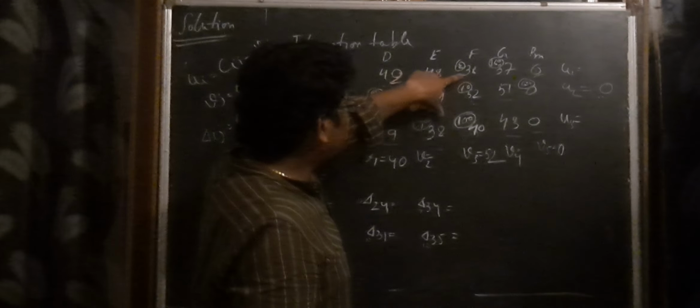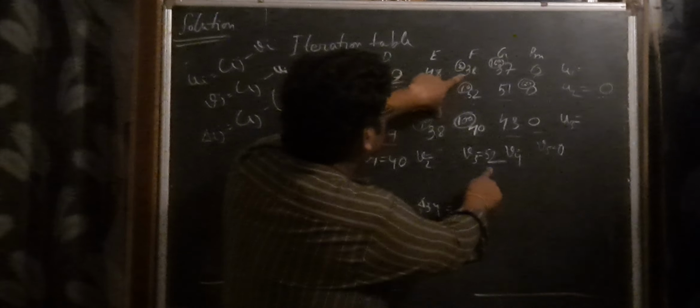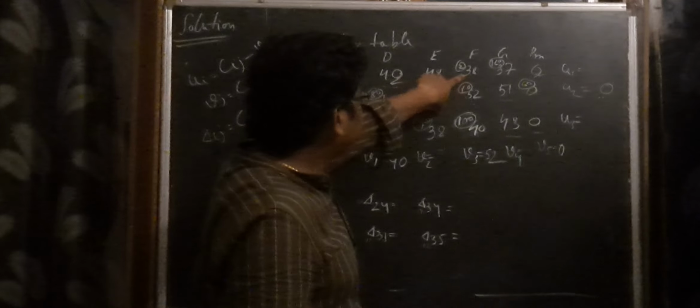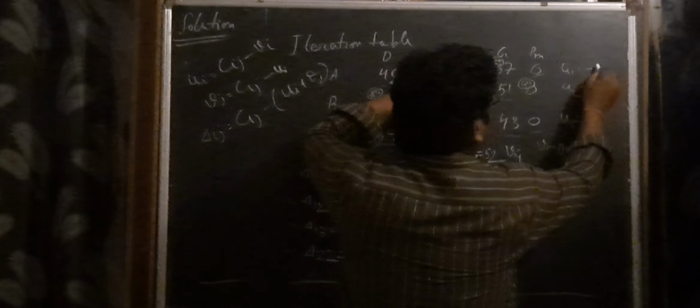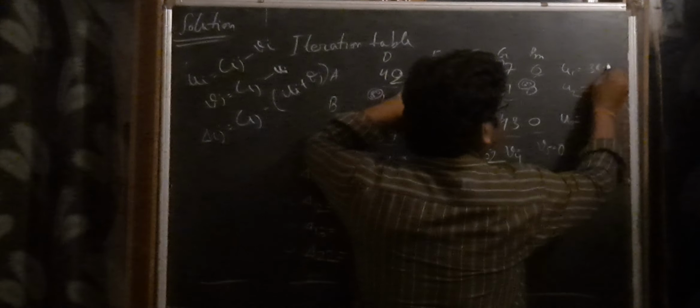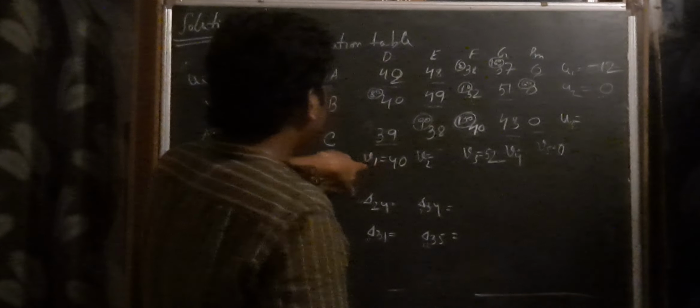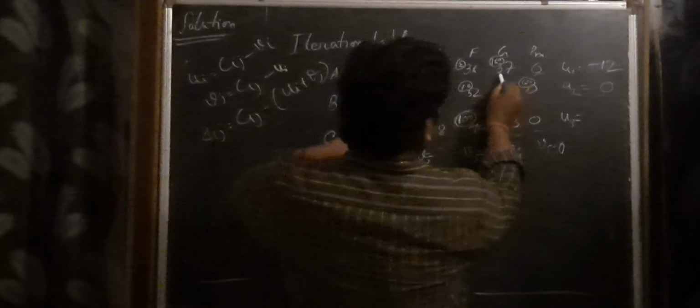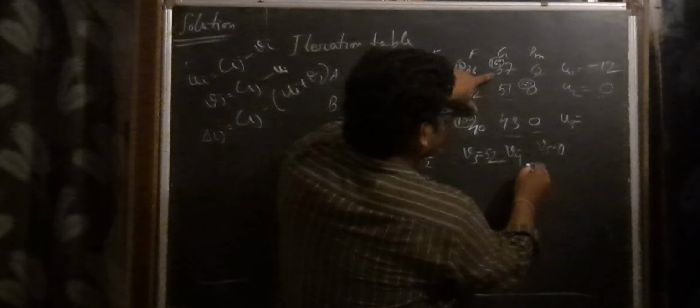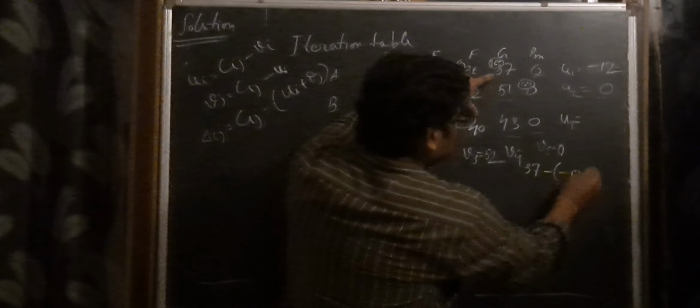So 38 minus 52 is equal to minus 12. And as it is minus 12, by using this allocated box, 37 minus minus 12, that is 37 plus 12.